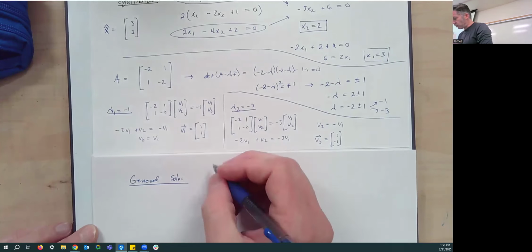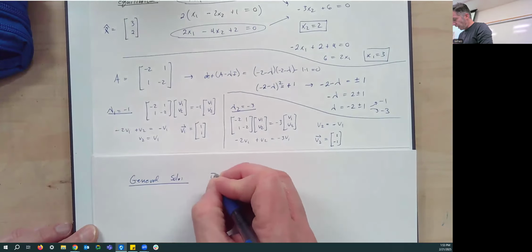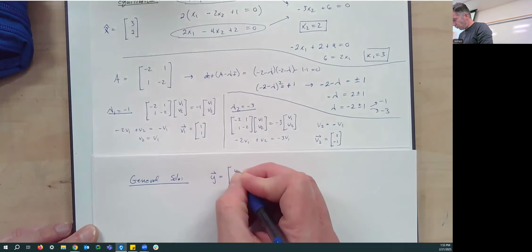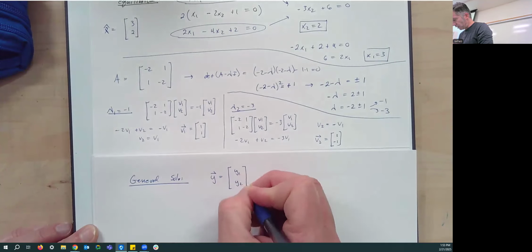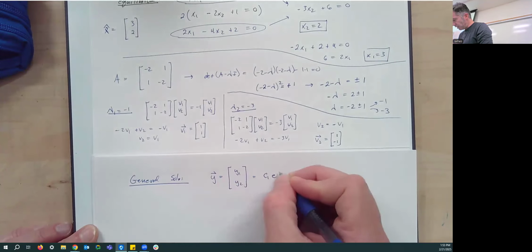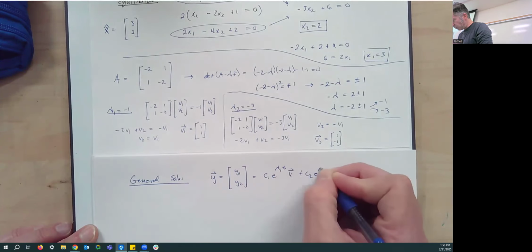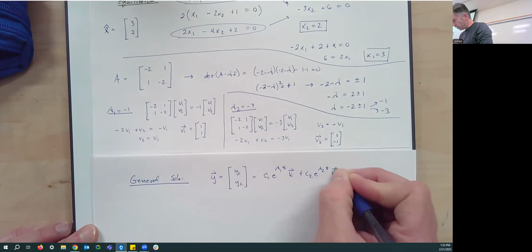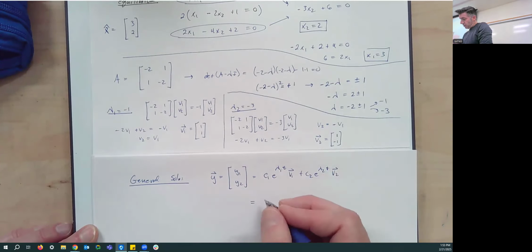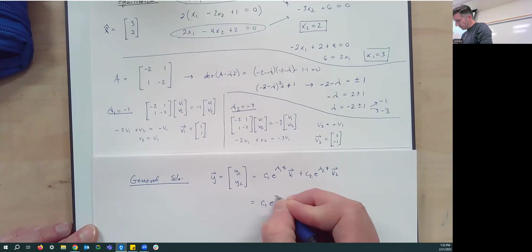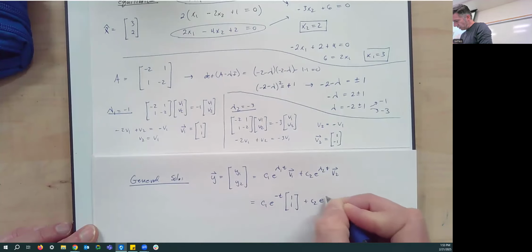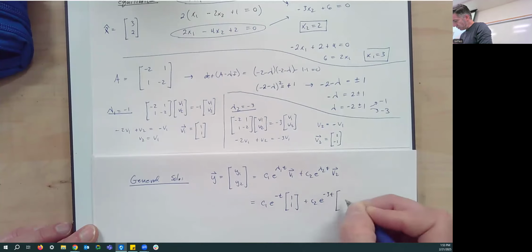So the y solution would be y as a vector, y1, y2, is just going to equal c1 e to the lambda 1 t times v1 plus c2 e to the lambda 2 t times v2. That's going to be c1 e to the negative t times 1, 1 plus c2 e to the negative 3t times 1, negative 1.